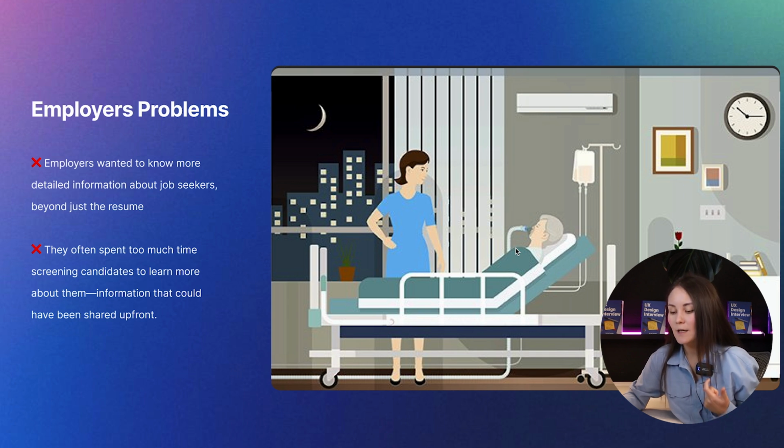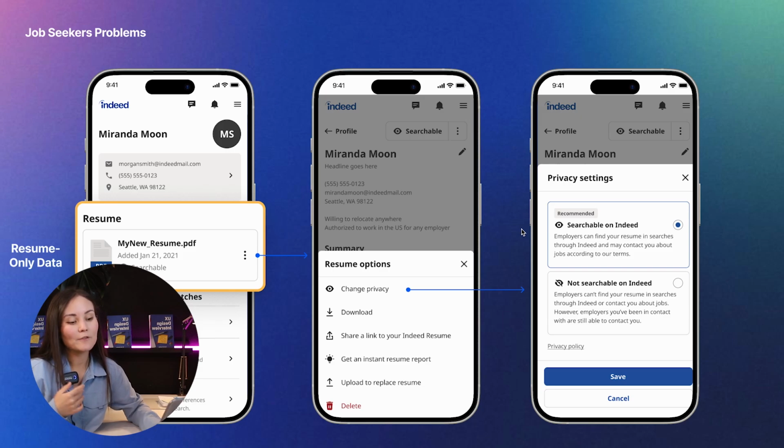My goal was to make key candidate information more accessible upfront, reducing unnecessary back and forth and helping employers find the right talent faster. And one of the main reasons employers struggled to get additional candidate information was that job seekers were only sharing their resumes by default. And Indeed's profile system was built around uploading your resume and marking it as searchable for employers.